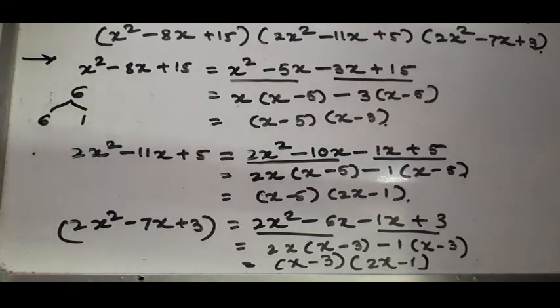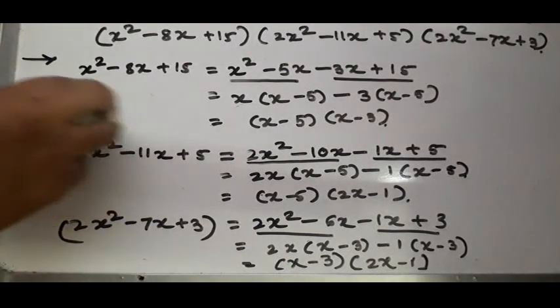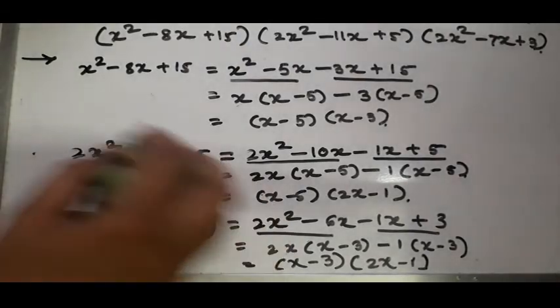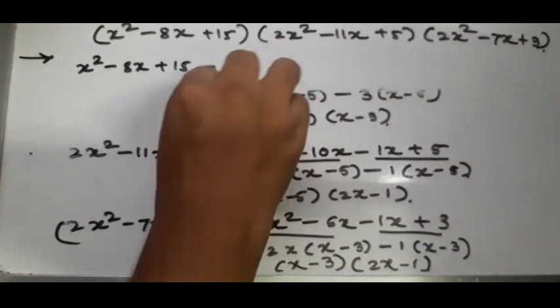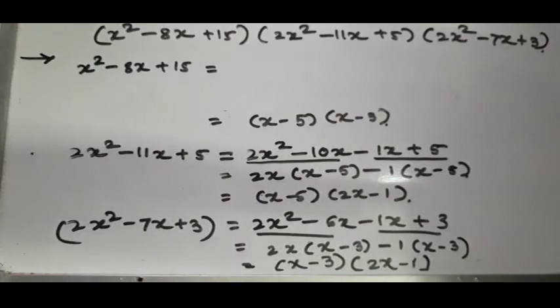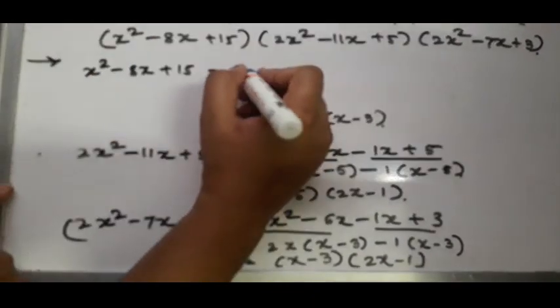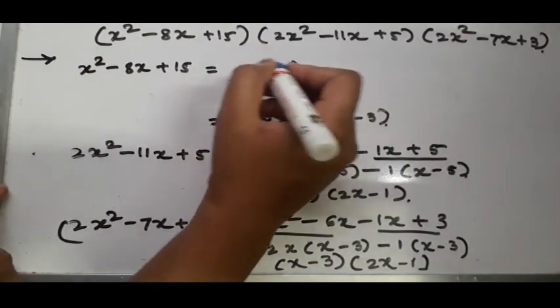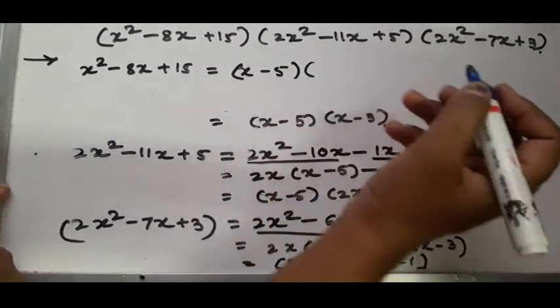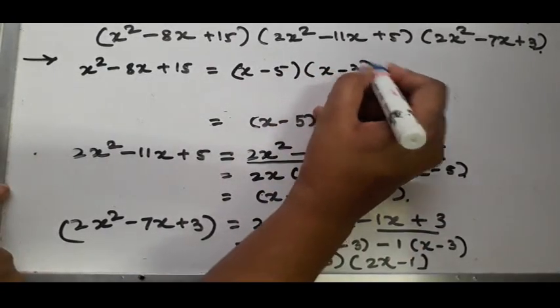Now I will write them in proper manner, which means in the form of factors. So the first answer I will get, x square minus 8x plus 15 will be equal to x minus 5 into x minus 3. Okay.